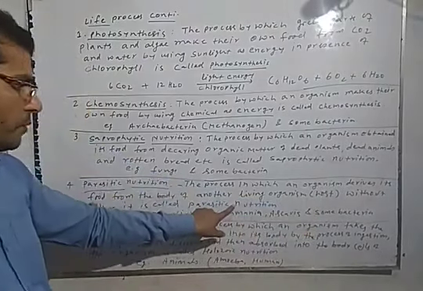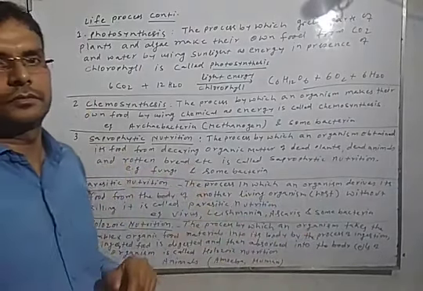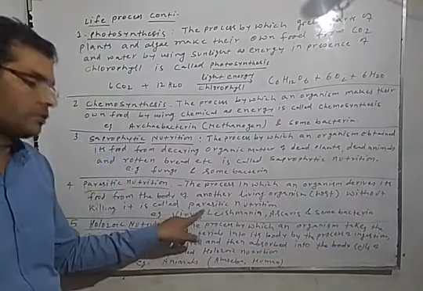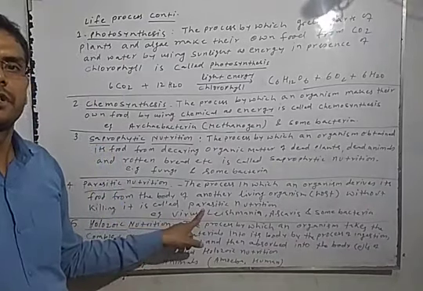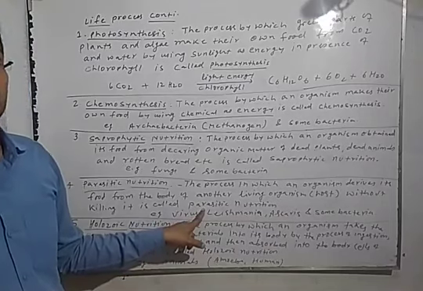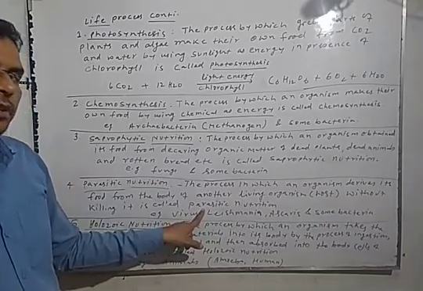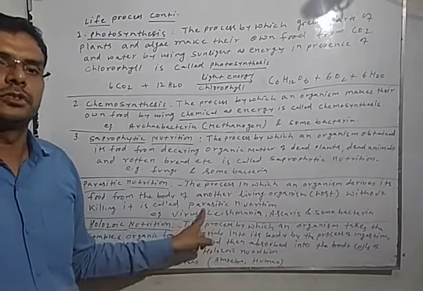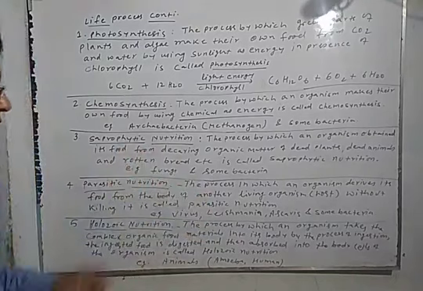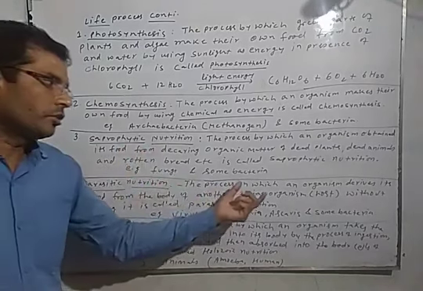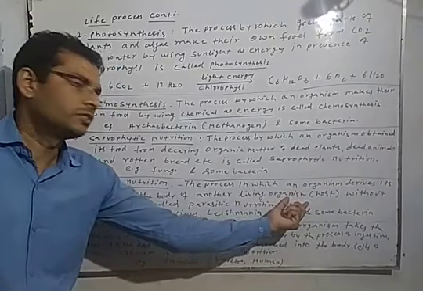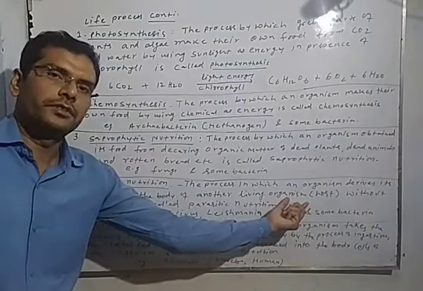The parasites never directly kill the host, but they damage different parts of the host. Damaged parts lead to disease in the host, and due to disease, some hosts can die or be killed.